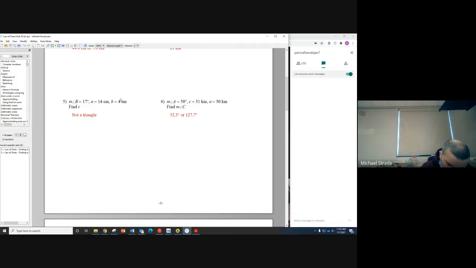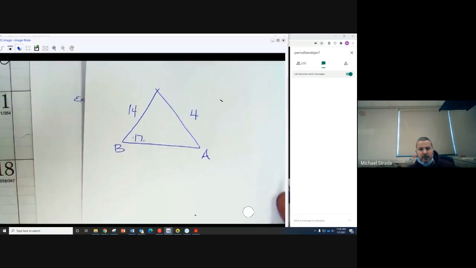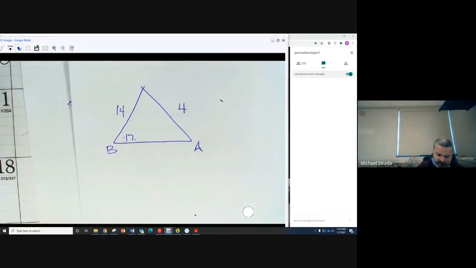B is 17.4. A is 14. And then this would be A. So B is 17.4 degrees. All right, now I'm good to go. Sorry about that. Okay. So that's the measurements they give us.